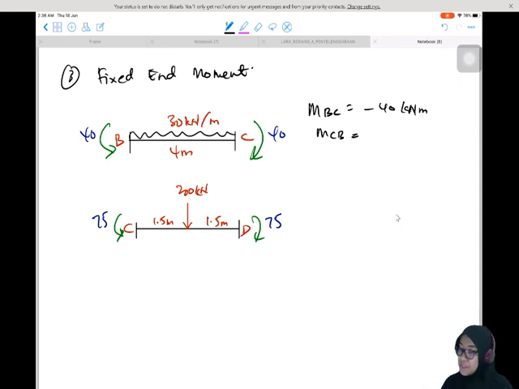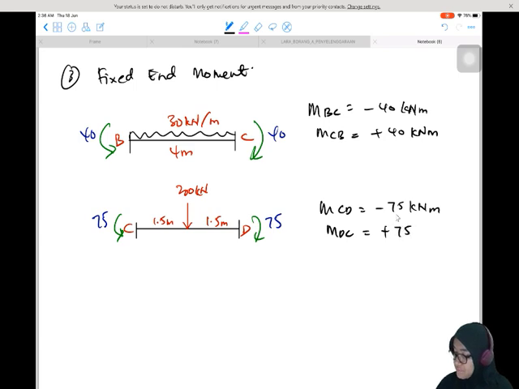MCB is equal to positive 40 kilonewton meter. MCD is equal to negative 75 kilonewton meter. MDC is equal to positive 75 kilonewton meter.